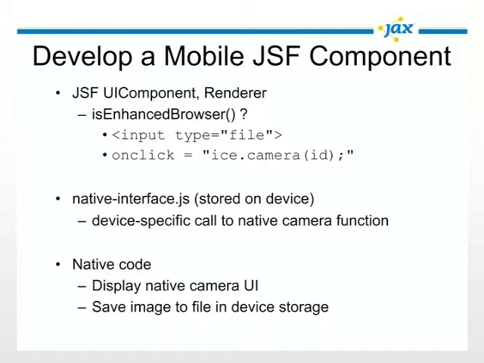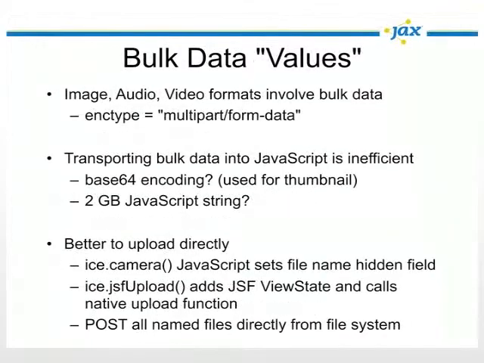But how does this upload actually take place? Because it's bulk data. It could be very bulk. You could have gigabytes of data potentially. For a camera image, probably not. You probably have a few megabytes. But you still don't necessarily want to transfer that image data from the native realm back into JavaScript.